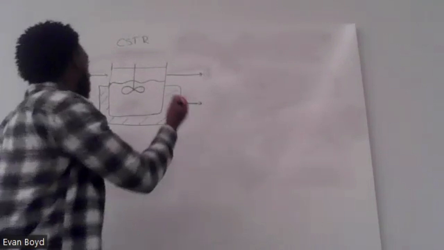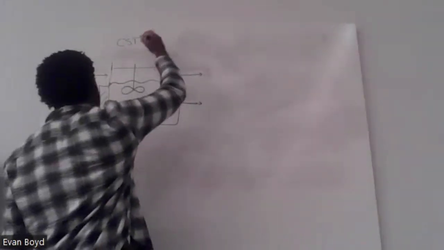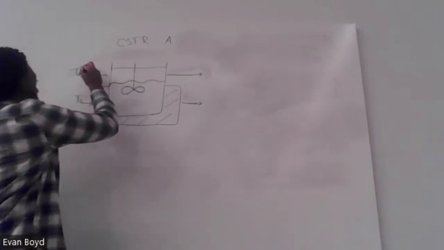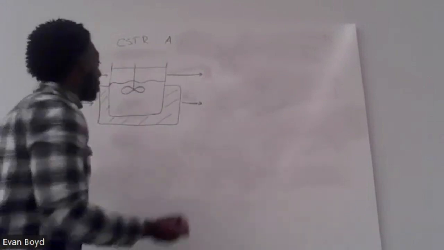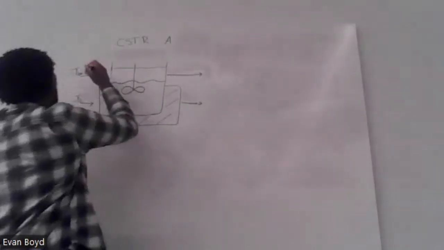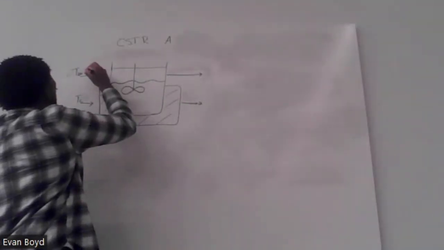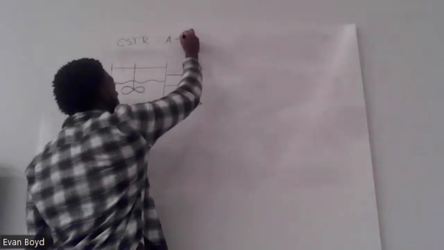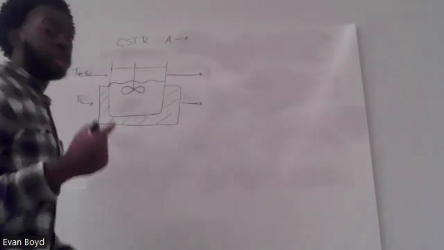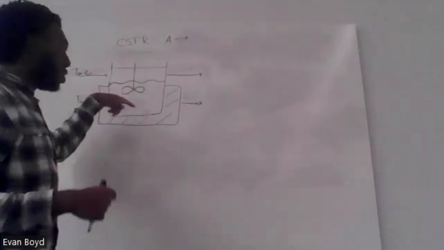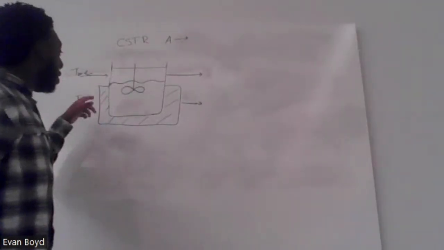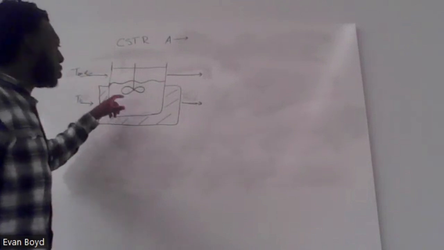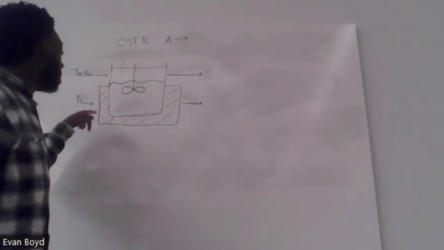So if we had a reaction, species A goes into the tank at a constant flow, because it's a continuous process. It gets put into the tank, it builds up, and it starts stirring. The heated liquid gets cooled down by the coolant liquid at the bottom.